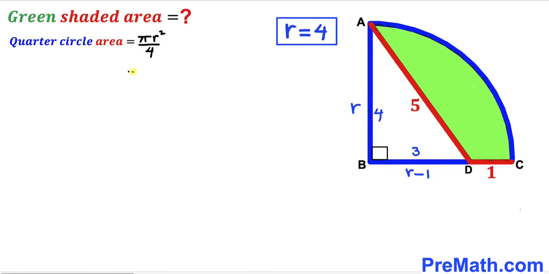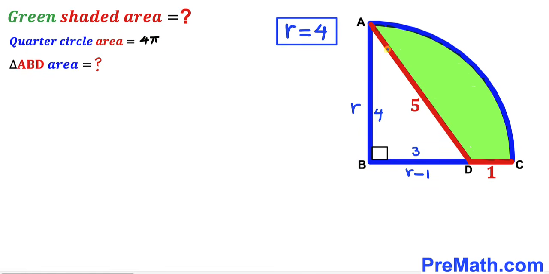So therefore we can write down pi divided by 4 times 4 square. That is going to give us 16 times pi divided by 4. So this is going to give us 4 times pi. So thus the quarter circle area turns out to be 4 times pi.